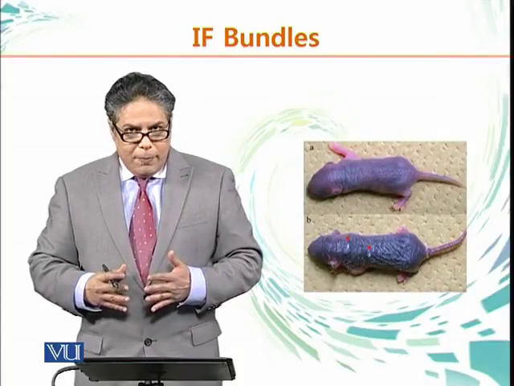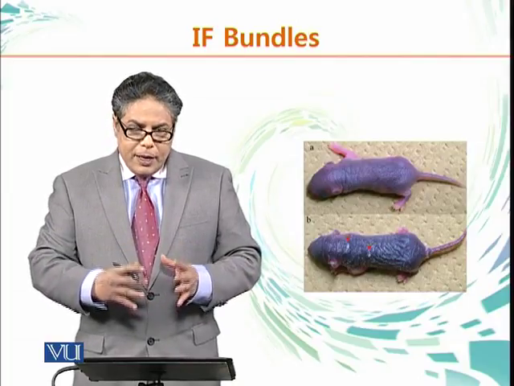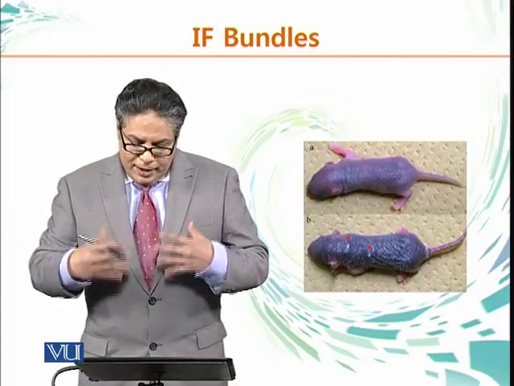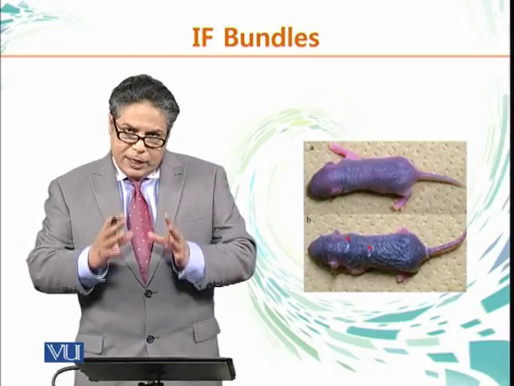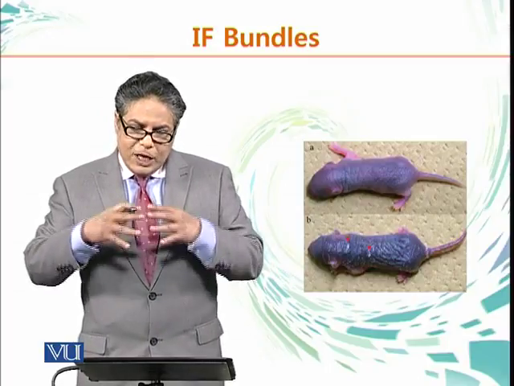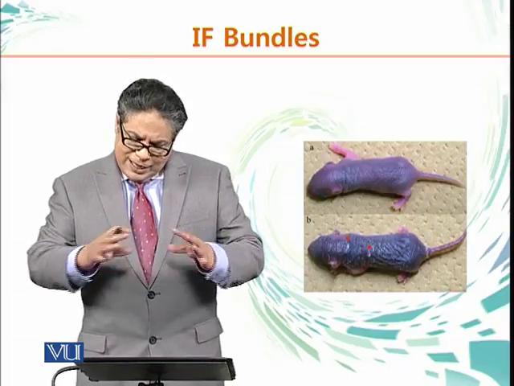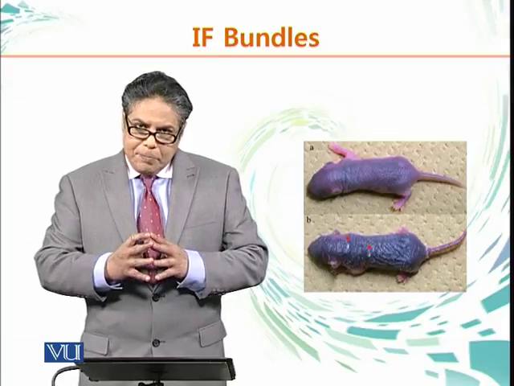The one on the top is a normal mouse. The one on the bottom has a mutation in this gene, filaggrin, and because of this, if you notice, it has ichthyotic skin, which is a fish-like skin. It appears sort of scaly.